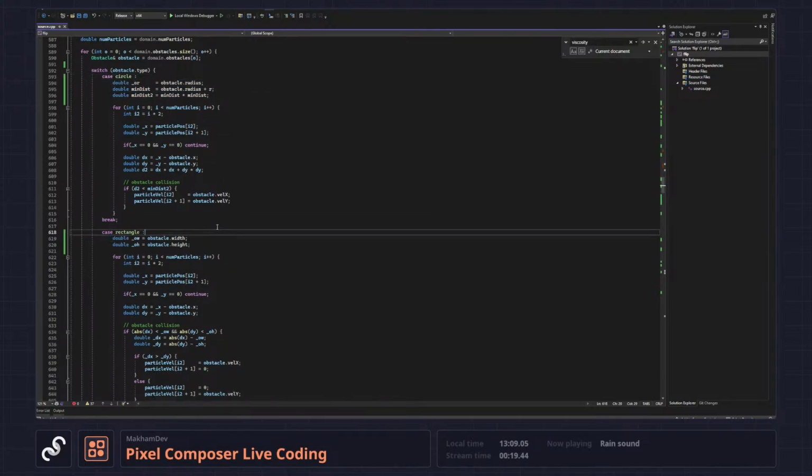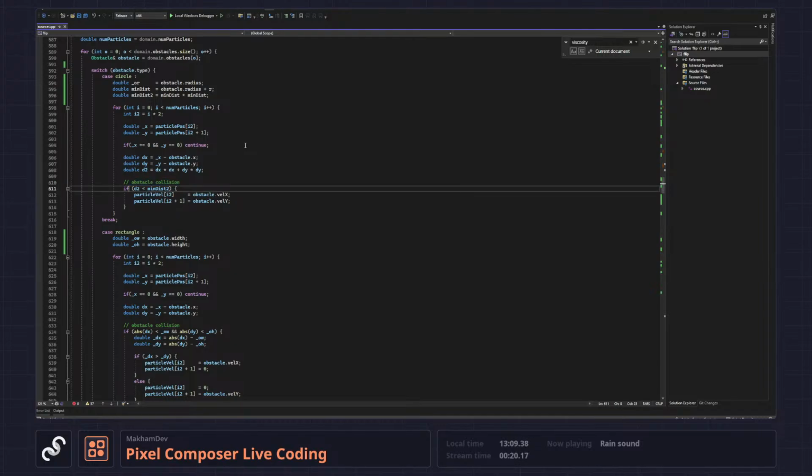Right, because it's only used in their own scopes anyway. But anyway, you check each particle, check if it collides with the obstacle or not. If it does, it calculates. It applies the velocity of the obstacle to the velocity of the particle. So this is the collision part. Interesting.